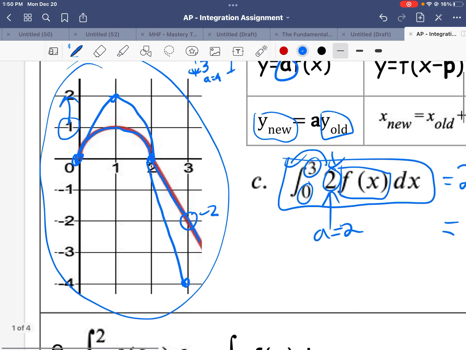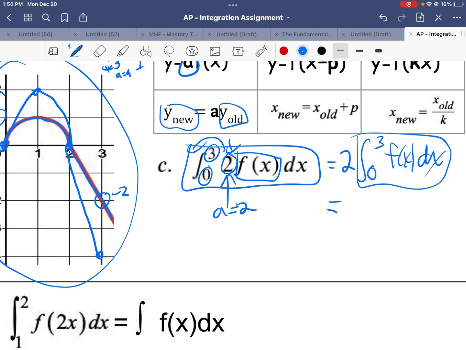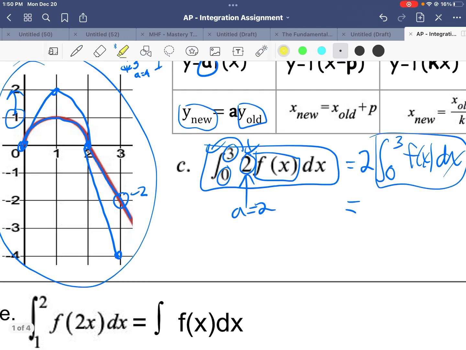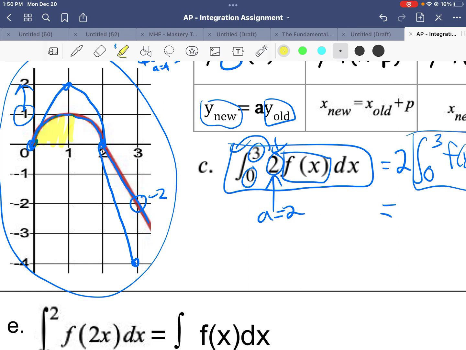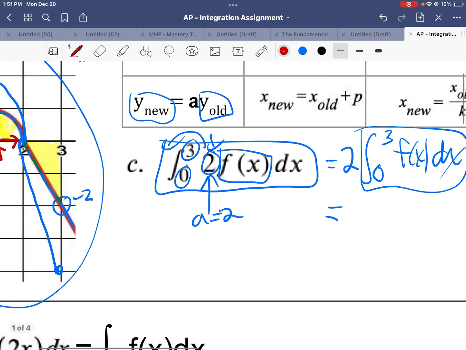So let's go back and do that. To get the integral from 0 to 3, I'll get the highlighter out. I need to do this area here and that area there. This area here we've already calculated something like that. It's pi r squared divided by 2, and the radius is 1, so it's pi times 1 squared divided by 2, which is pi divided by 2, or 1.57.